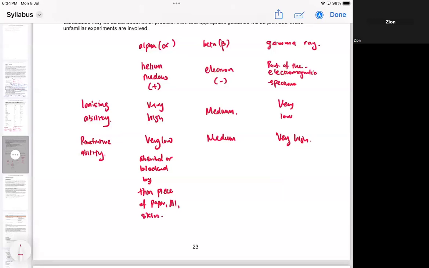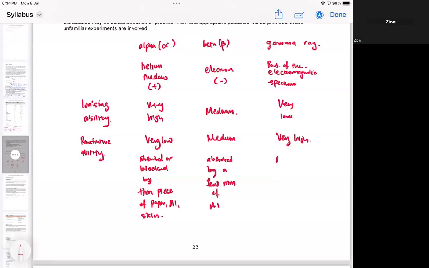Beta particles are absorbed by a few millimeters of aluminum.